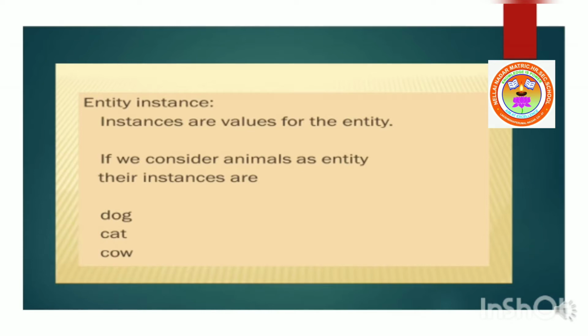Jobs, if you consider as entity, instances are engineer, doctor, lawyer. If you consider actor as an entity, values are Ajit, Vijay, Vikram, and so on. Like that, here if we consider animals as an entity, their instances are dog, cat, cow. Able to understand?